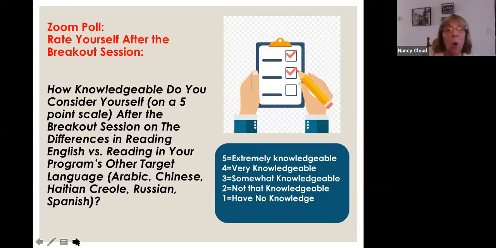Let's do the poll and see if it helped to be in the breakout sessions on any level. This will be good feedback for all of us that really want to help you. And we'll see if we need to offer more support. So please answer again: where do you see yourself now after the refresher, from 1 to 5? We'll give you 1 minute.